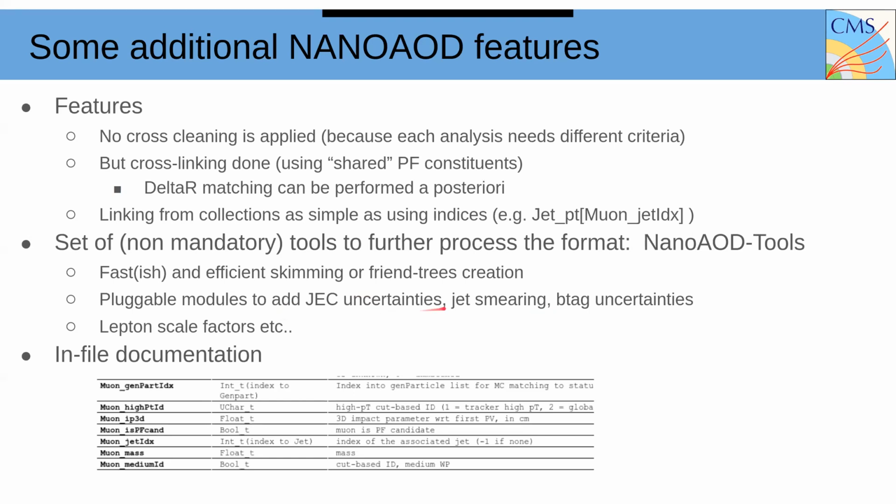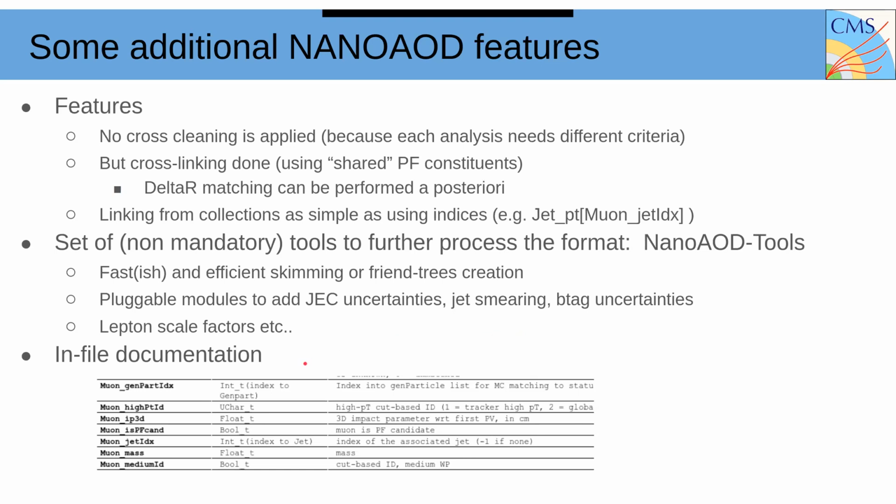So there is a set of tools that come with the NanoAOD, but it is not mandatory to use them. You will hear about other tools that can be used for that. The reason I say this is because I'll show in a moment the popularity of these tools, and this is somehow a lower estimate of the usage of NanoAOD.